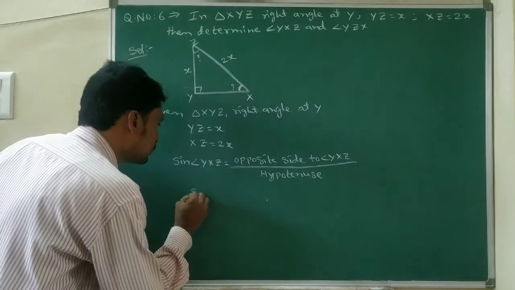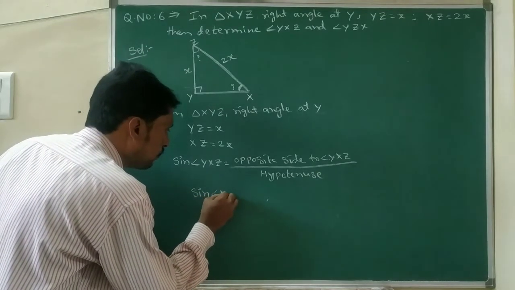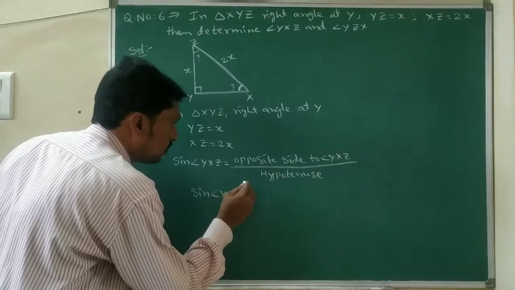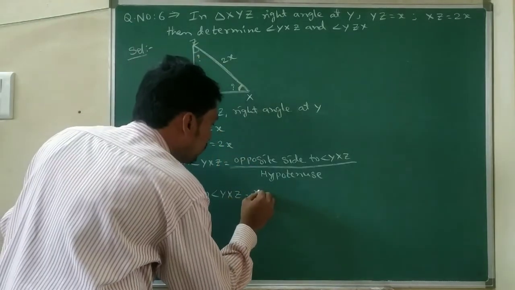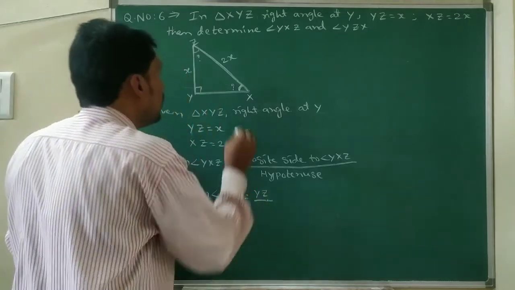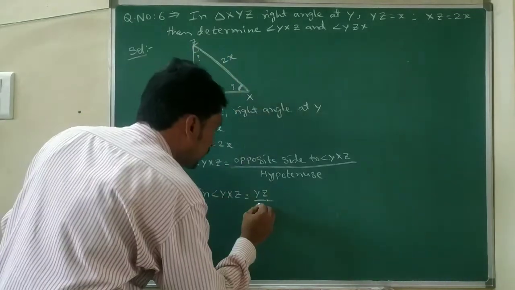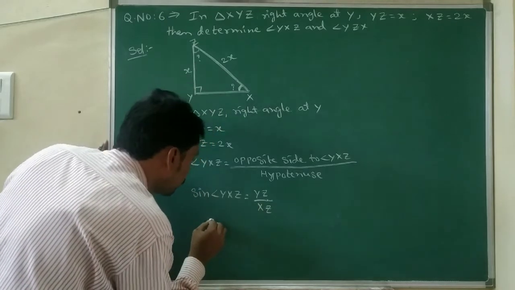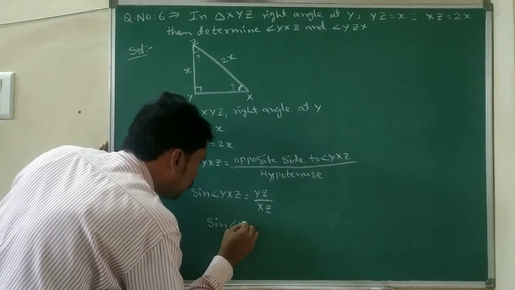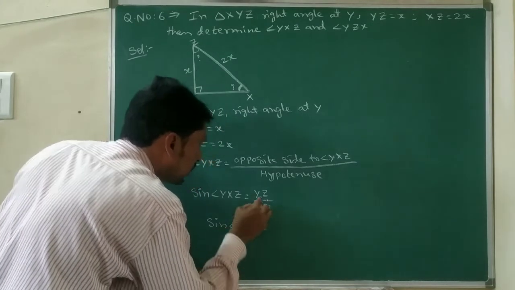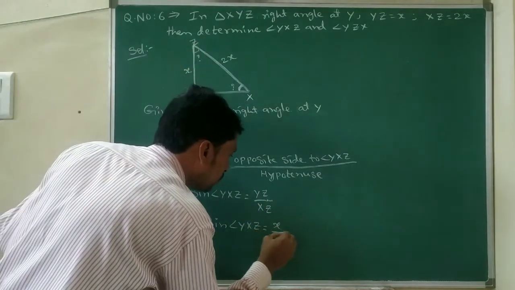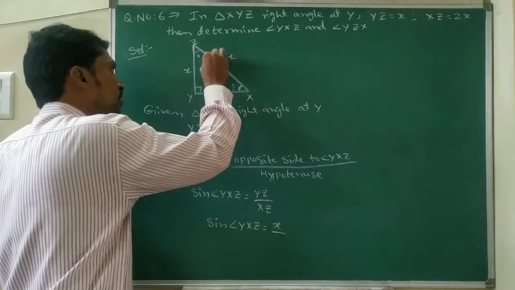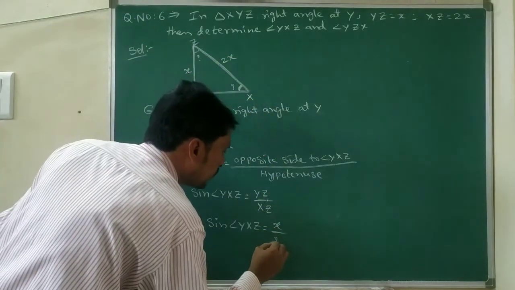So sine of angle YXZ equals opposite. What is the opposite here? YZ is the opposite, by hypotenuse XZ. YZ value we know is X, XZ value we also know is 2X.